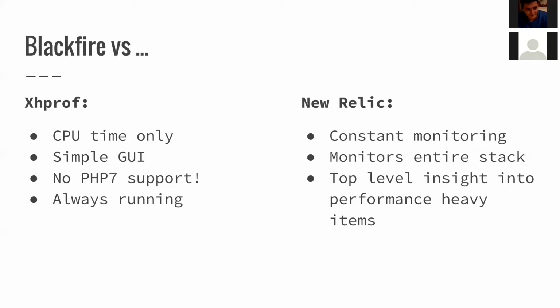New Relic is great for insight, but it only provides a top level into your heavy performance items. It's not going to give you a fine grained breakdown. And with Blackfire, you get a more immediate insight as to what you are seeing with problems.